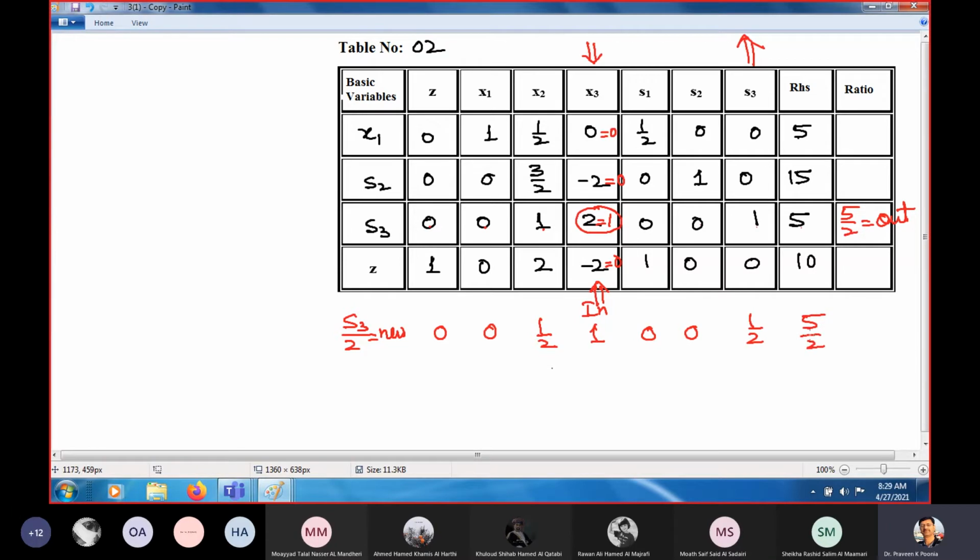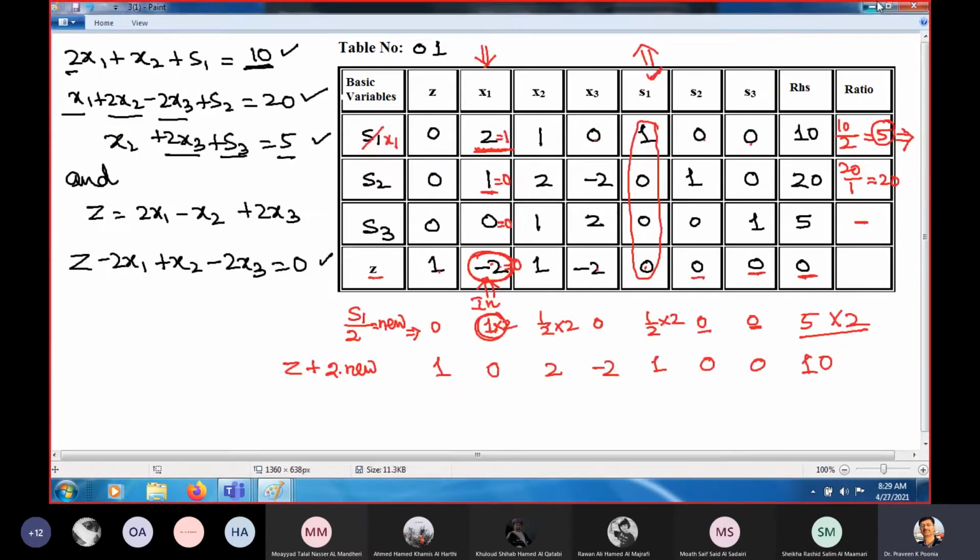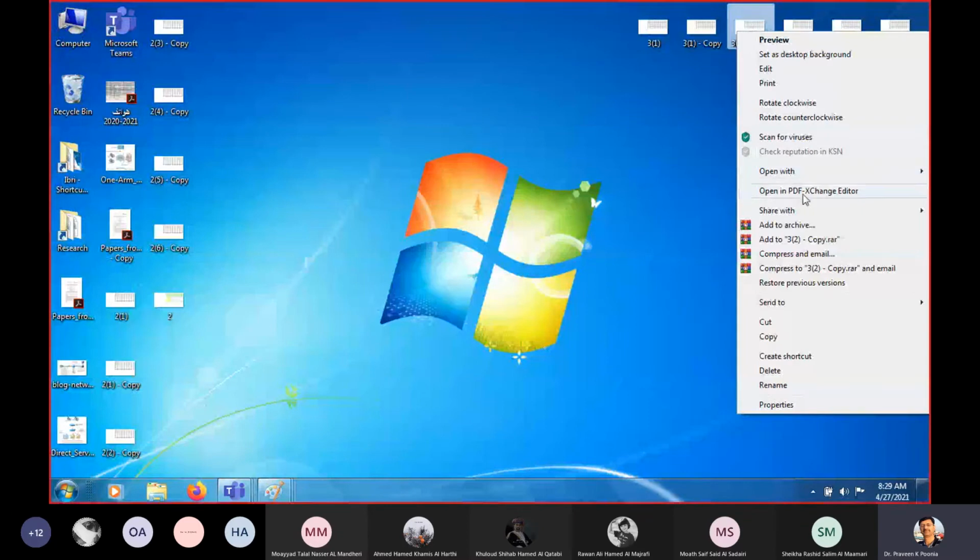Now we need to create another table, and what we are going to do is this S3 is going to change by X3. So X1, S2, X3, the third table.